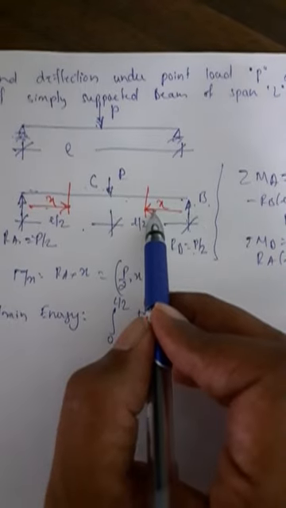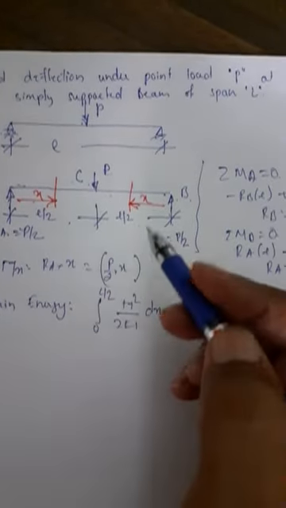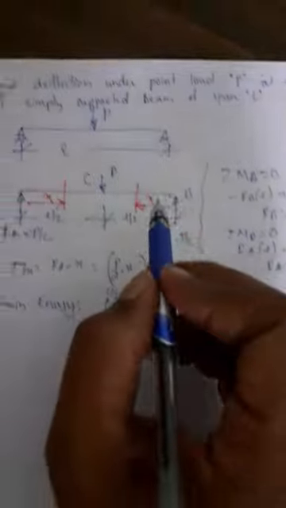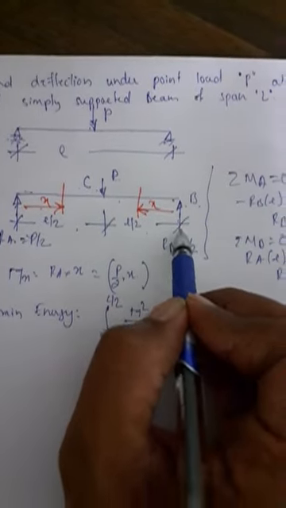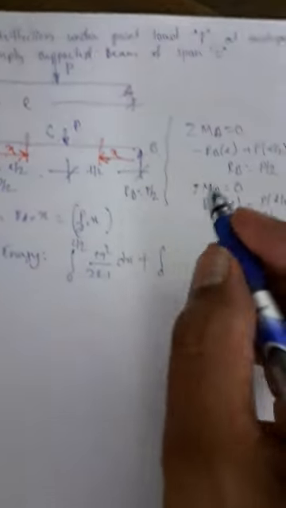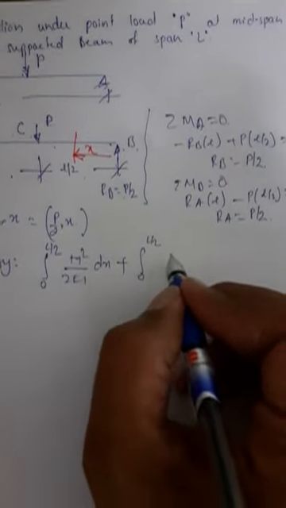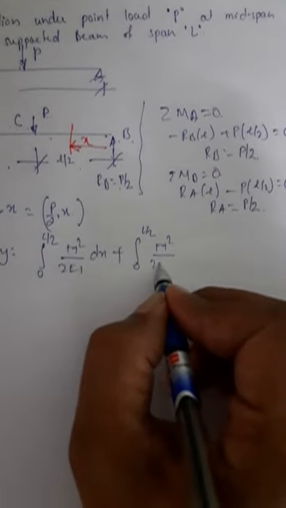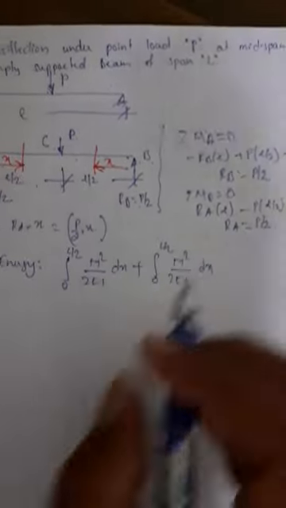Again same bending moment, m square by 2 EI into dx. Length here is 0 to L by 2. So 0 to L by 2 m square by 2 EI dx.